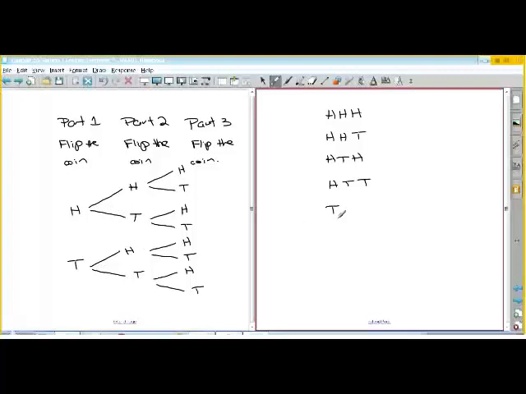So I've got all of those 4. So then I'll have tails, heads, heads, tails, heads, tails, tails, tails, heads, and tails, tails, tails. Okay, so you can see there are 8 different arrangements.